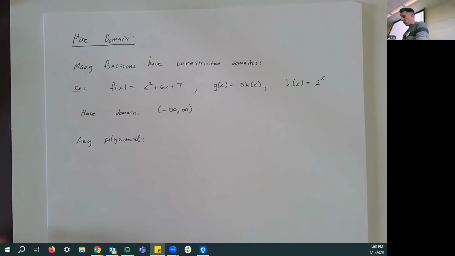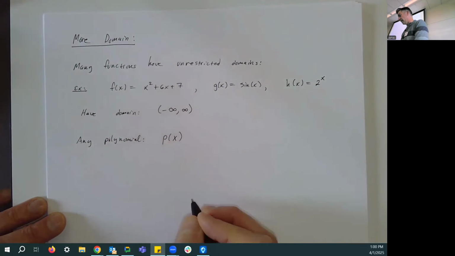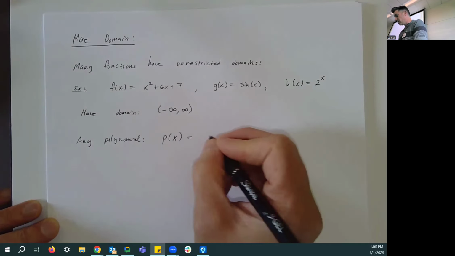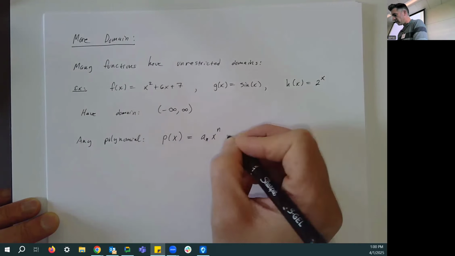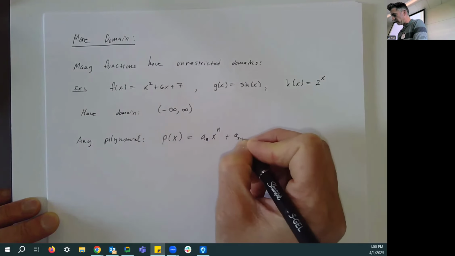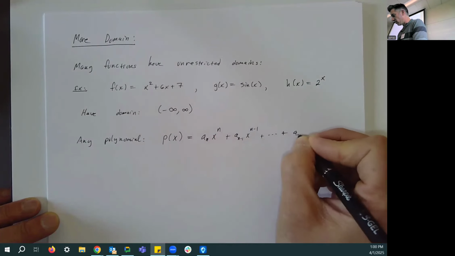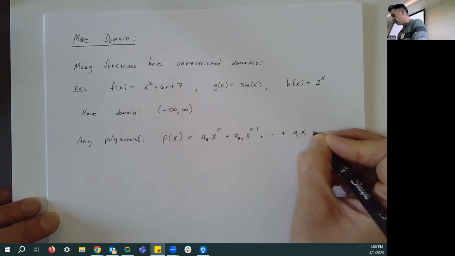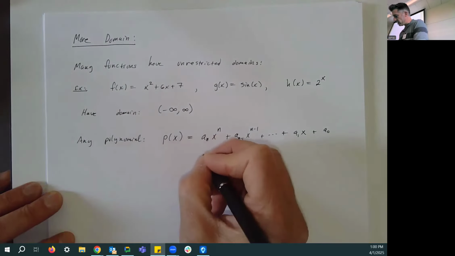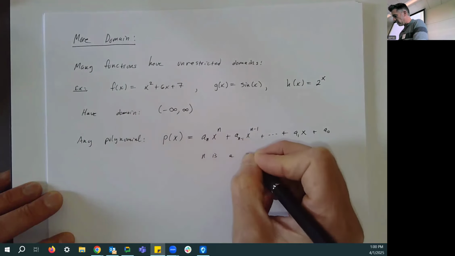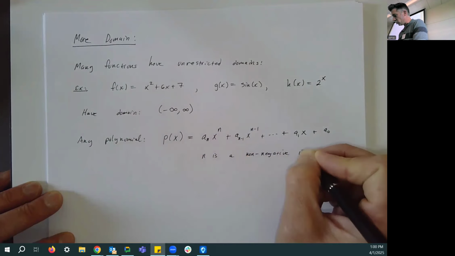We could write it very generally as p of x equal to a sub n times x to the nth power plus a sub n minus 1 times x to the n minus 1 plus all the way down to some coefficient of x plus some constant term, as long as n is a non-negative integer.